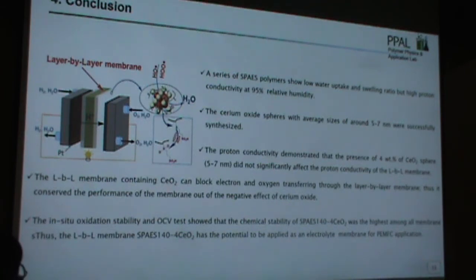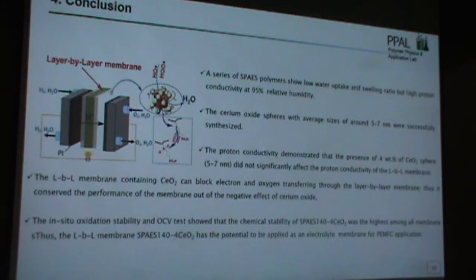And I have successfully synthesized cerium oxide nanoparticles with a size of about 5 to 7 nanometers, and this size is very important. When I add about 4% of the cerium oxide into the layer by layer, it does not affect the proton conductivity of the membrane.